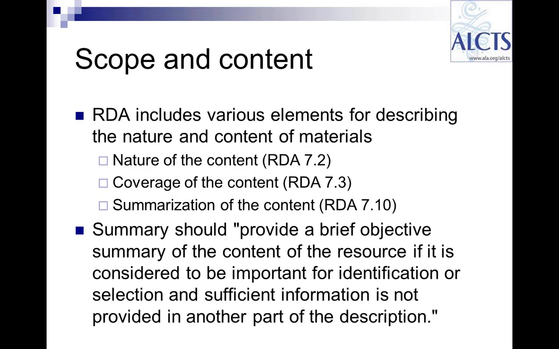The next element is scope and content. RDA includes 3 elements that cover what the scope and content note in DACS deals with. RDA 7.2 includes the nature of the content, 7.3 the coverage of the content, and 7.10 the summarization of the content. Looking at the examples, of those 3 elements, it appeared that 7.10, the summarization of the content, was closest to what an archival scope and content note would typically include.